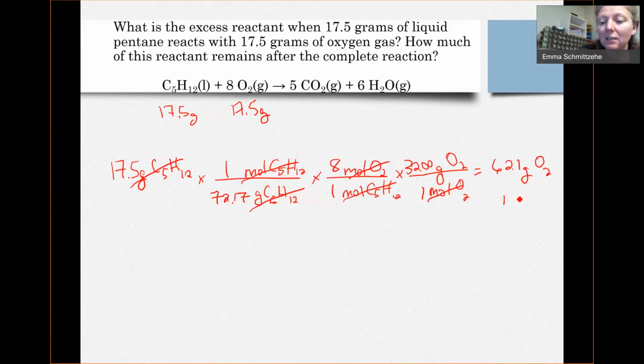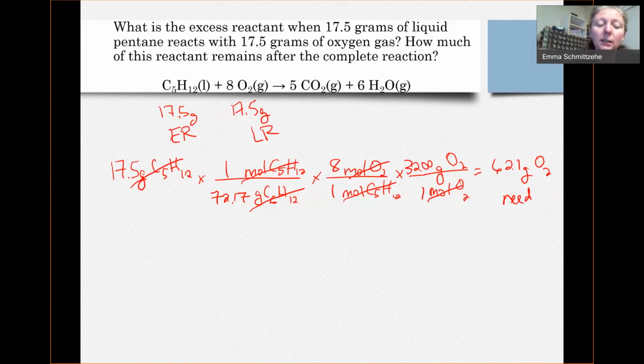This is what I need, and I have 17.5 grams, okay? So that tells me that I actually run out of oxygen first. So I need more than I actually have. So the oxygen in this case is actually my limiting reactant, meaning my C5H12 is my excess reactant.